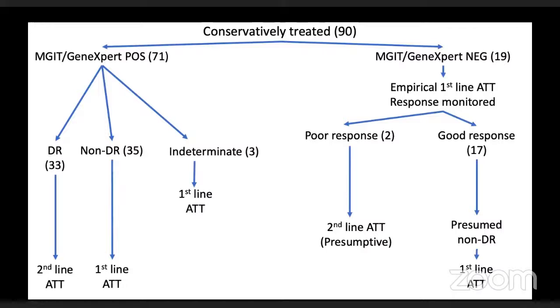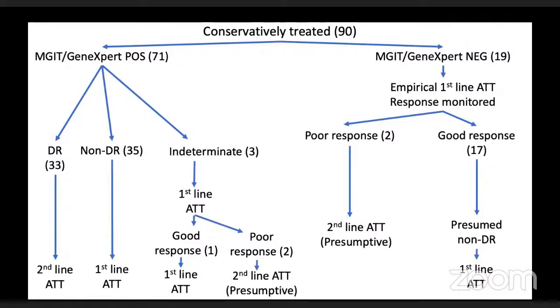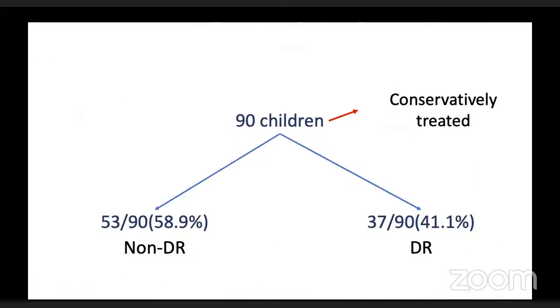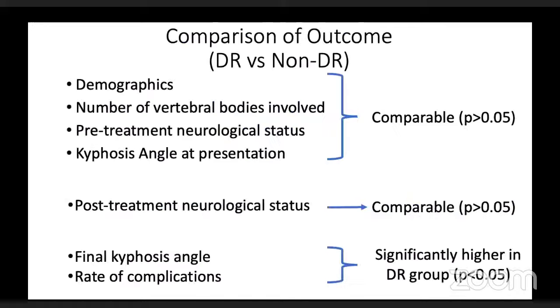Indeterminate result was shown in 3 patients, where first-line treatment was given. Good response was shown in 1 patient, where first-line treatment was continued, and poor response was shown in 2 patients, where presumptive second-line treatment was started. Of 90 conservatively treated patients, 41.1% were drug resistant.